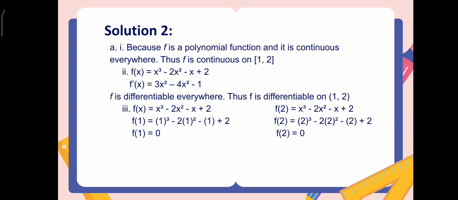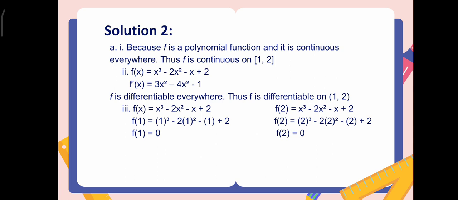So let us have the third condition that f of a is equal to 0 and f of b is also equal to 0. Let us substitute a, which is 1, into the function. So we have f of 1 is equal to 1 cubed minus 2 times 1 squared minus 1 plus 2.